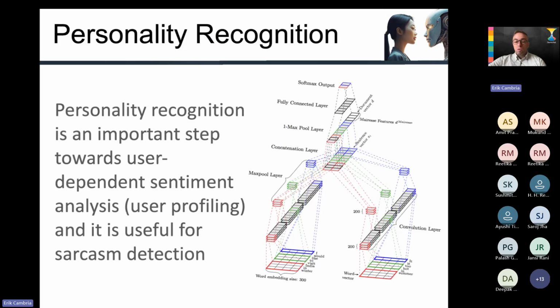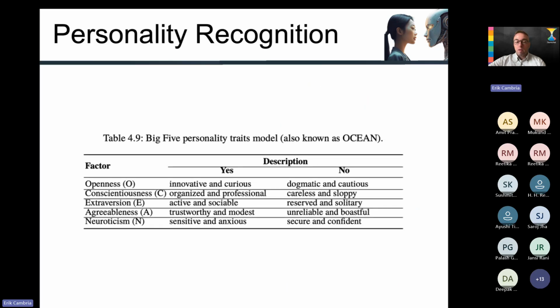Personality recognition is also extremely interesting, and it's very related to personalization in AI, as we discussed yesterday. There are different models that people use. One that has been popular for many years is the Ocean or Big Five personality traits, which classifies people based on whether they have active or inactive openness, conscientiousness, extraversion, agreeableness, or neuroticism.